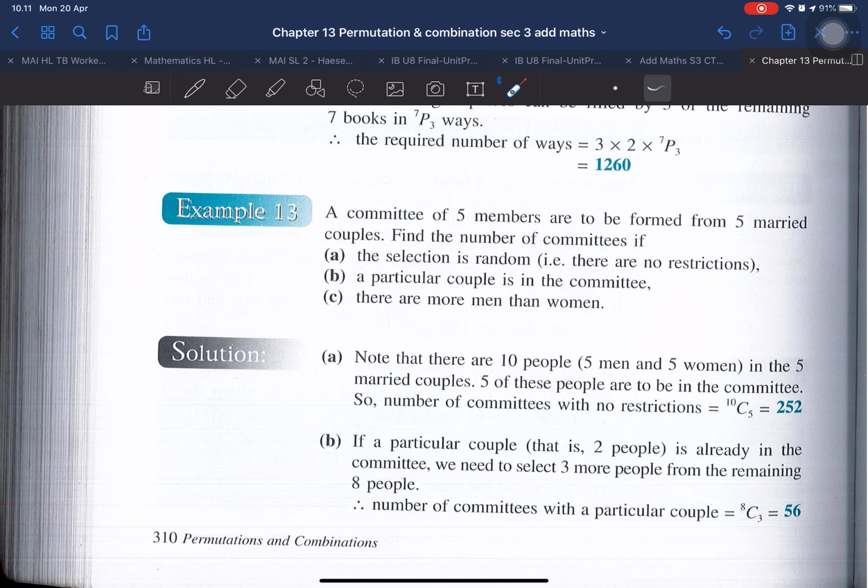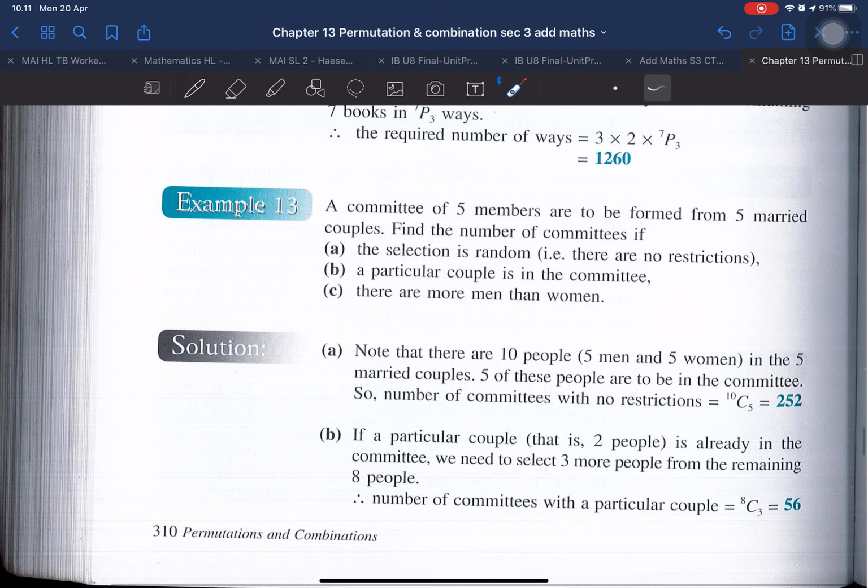The other question is there are more men than women. So what happens? We have to make different types of conditions because there are 5 men and 5 women there. So what conditions make it happen? Let's start with the men.